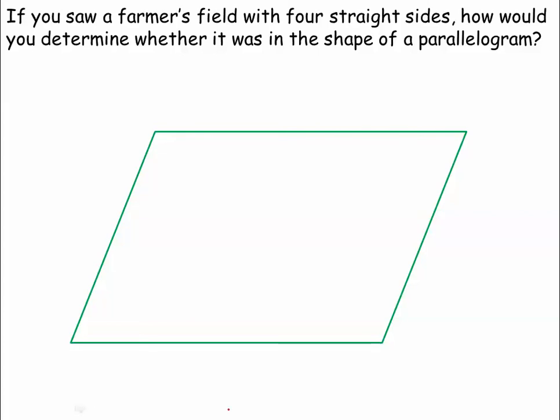Doesn't necessarily mean it's going to be shaped the way I've got it pictured here. It could be shaped like a rectangle, because see, as long as the measures, see, you've got a parallelogram right there. This one, the green one, same thing. If I measured and my opposite sides were congruent, it's going to be a parallelogram. He could have it in the shape of a square, and if the opposite sides have the same measure, which with the square they all have the same measure, it's going to be a parallelogram.